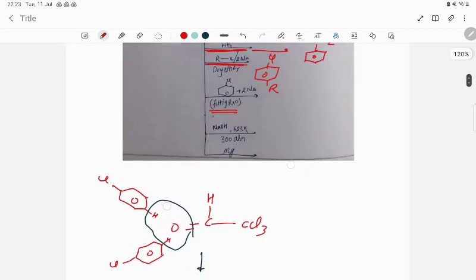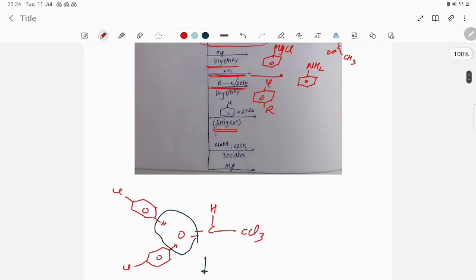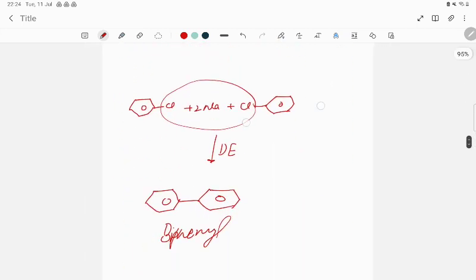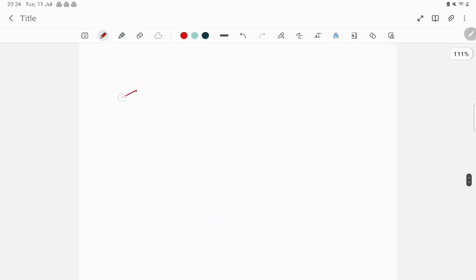Okay, now Fittig reaction we have done, student. Now what we are doing, you are treating with NaOH, 623 Kelvin and 300 atm pressure, student. So let us see, here is chlorobenzene, with Cl here.